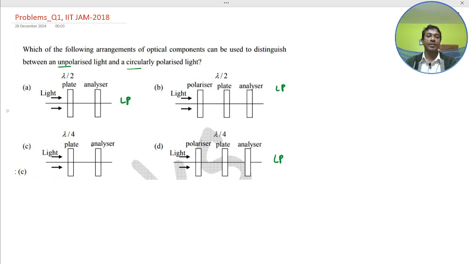So basically it is a theoretical question, because lambda by 4 plate with analyzer is used to distinguish unpolarized from circular polarized light. So C would be our correct answer.